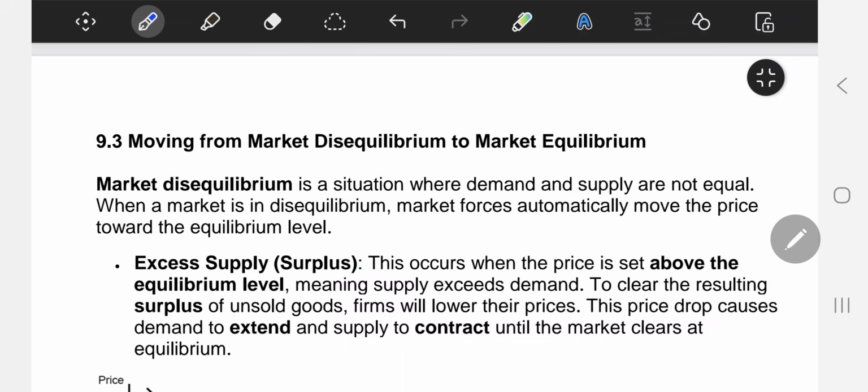Supply is exceeding demand, and therefore firms may have to drop their prices to cause consumers to buy more and achieve the equilibrium.